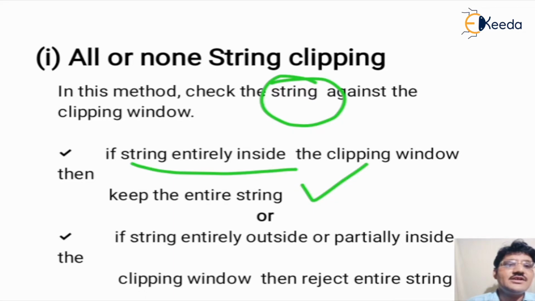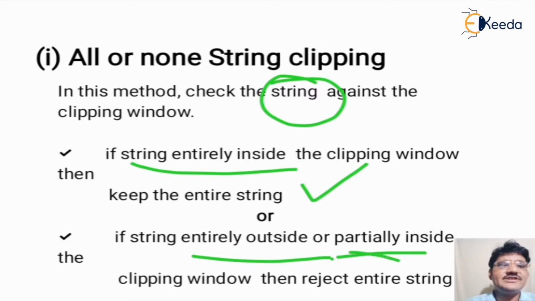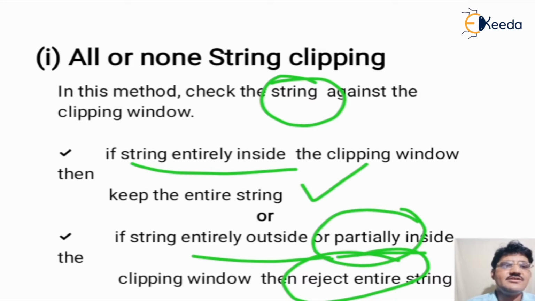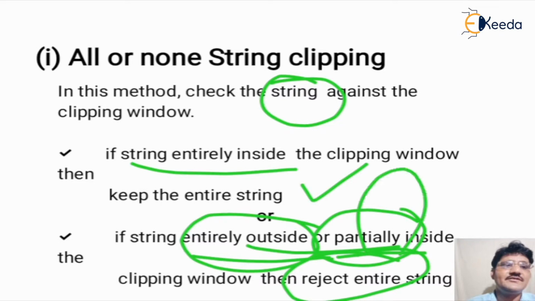But if the string is entirely outside, or maybe partially inside, we simply reject the entire string. Either it is partially or entirely outside, in both cases we reject the entire string.